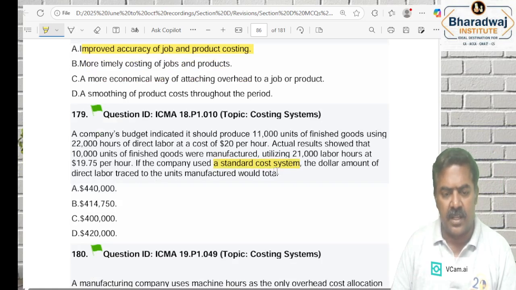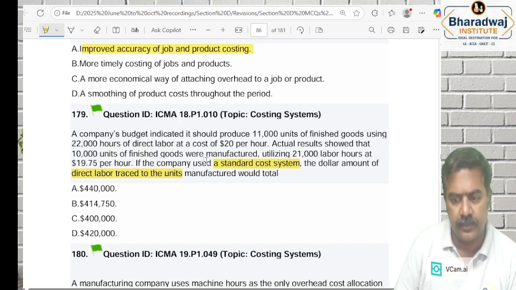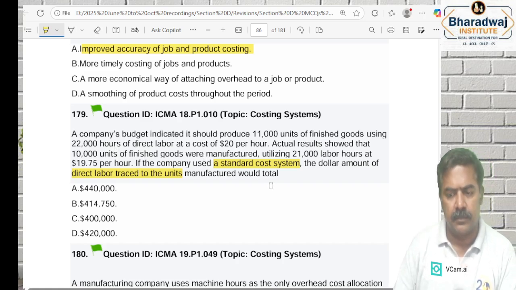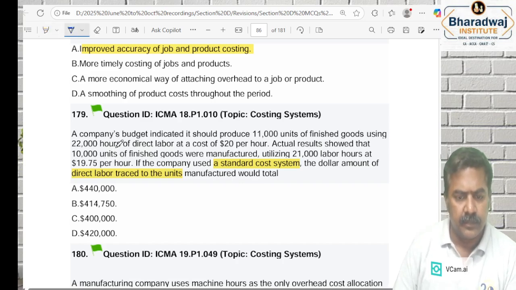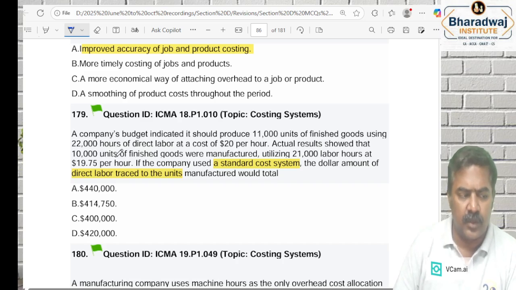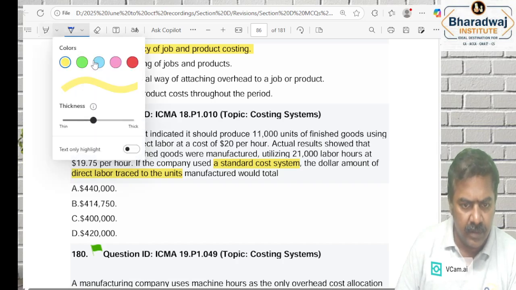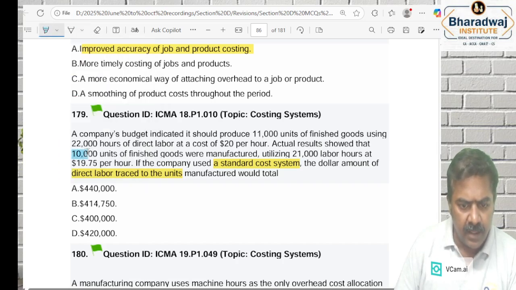Question 179, they are using a standard costing system. They ask you to find out direct labor traced to the units manufactured. $4 lakhs. It is based on what is allowed. What is allowed here? 10,000 units.